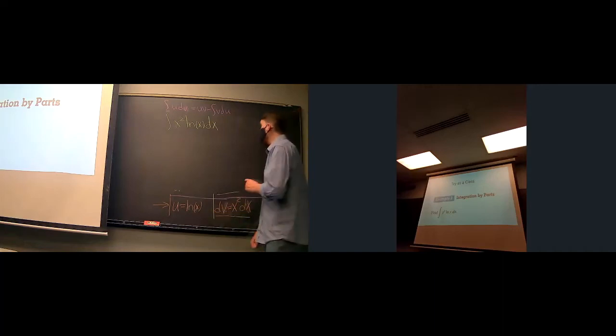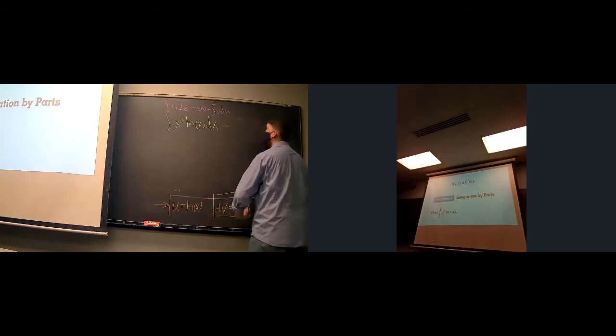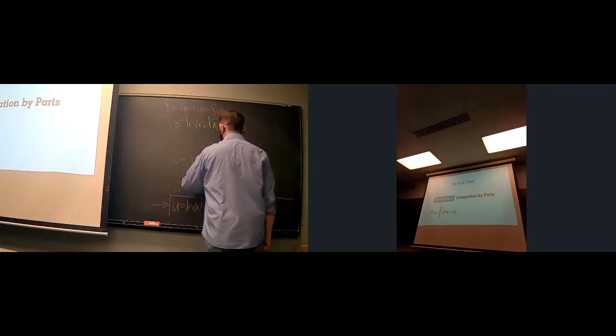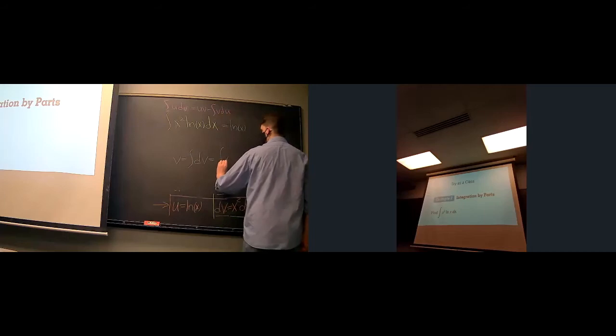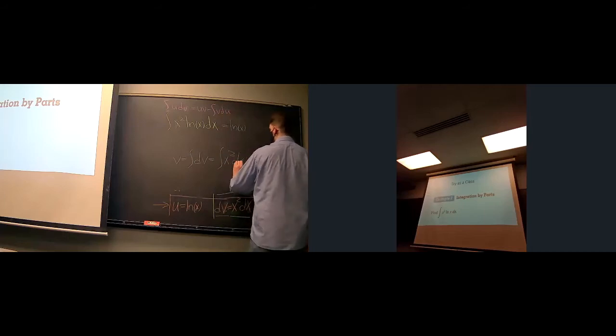So from here, what we're going to do is we're going to say, all right, well, u is ln of x. v is equal to the integral of dv, right? Which in this case is x squared dx. So v is 1/3 x to the third.